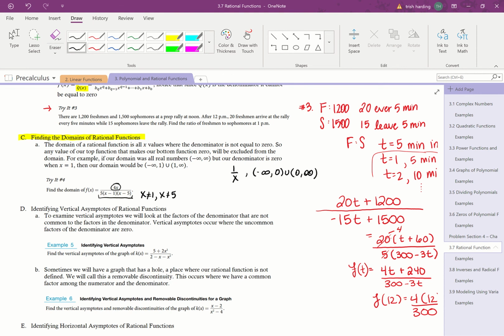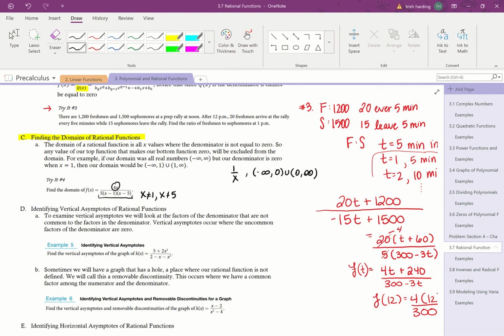Any value that makes our bottom function 0 we're not going to include.